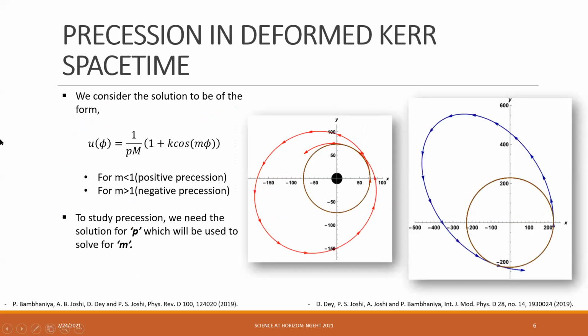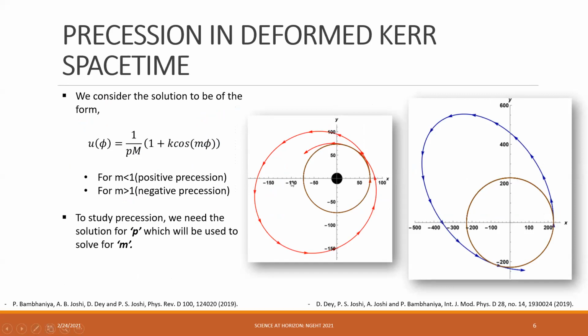In order to study the precession, this equation over here is a very well-known equation of orbit in the Newtonian case, where k is the eccentricity. The p and small m here denote some positive constants which are going to help us understand what type of precession we are going to observe. We have considered the small eccentricity approximation where the higher order eccentricities have been ignored.